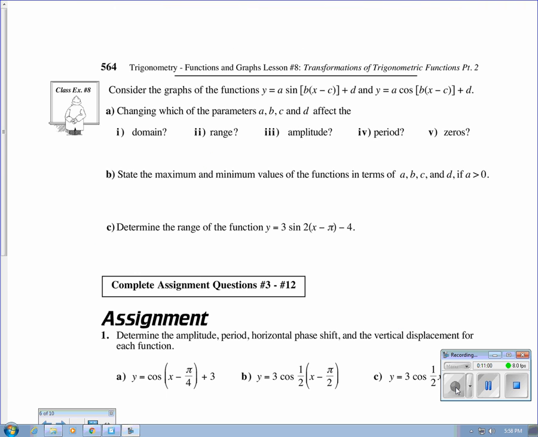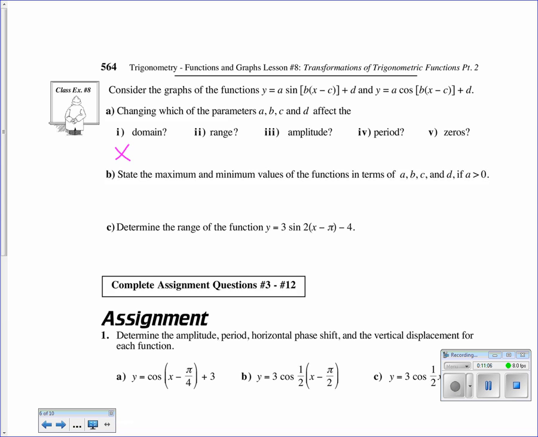I'll pause. So domain, A, B, C, and D, do they affect the domain? Well, as far as we can tell, x is going to be an element of the reals. How is range controlled? Range is controlled by your amplitude and your D value. How is amplitude controlled? Amplitude is controlled by your A value, period is controlled by your B value, zeros.